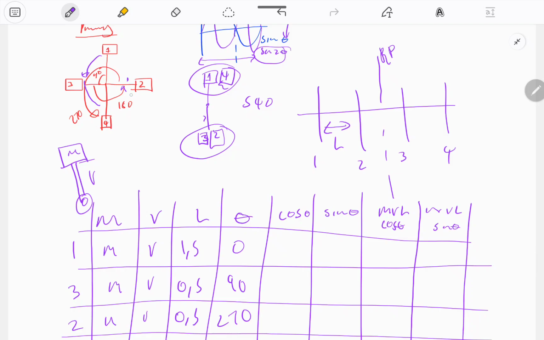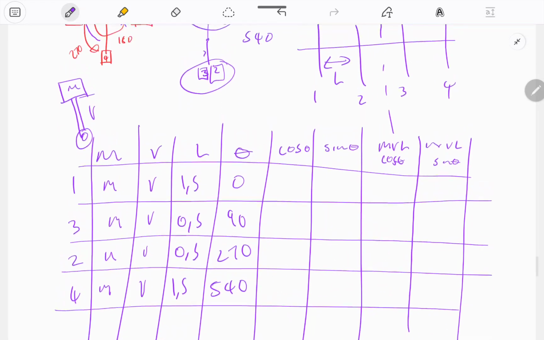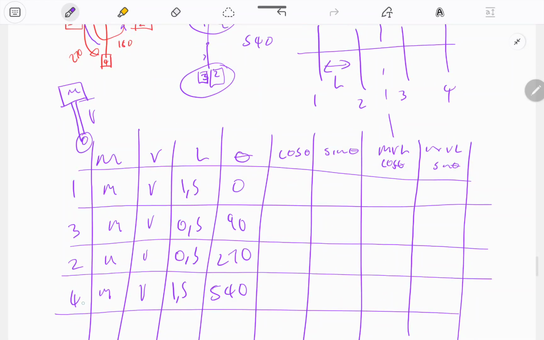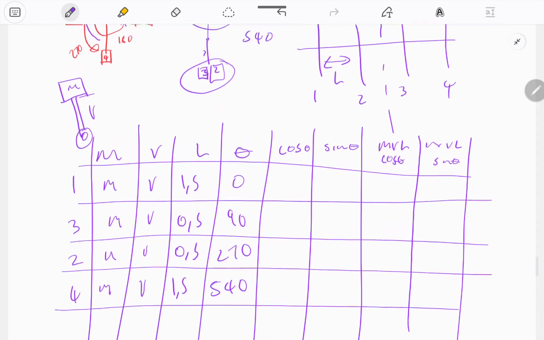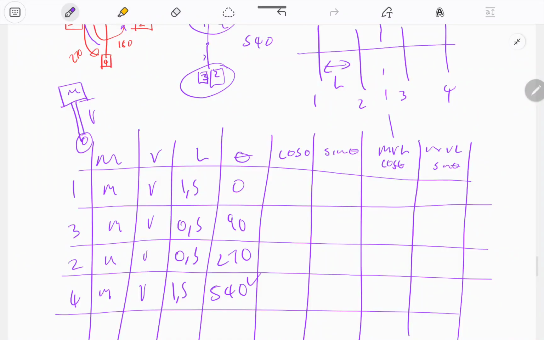That means I'll go 180 plus 90, and that'll be 270. And then now I'm at 2, I'm trying to go to 4. Remember, it cost me around 270 to come here. Then to go all the way again, it will be another 270. That's 540. That's how I got that 540.